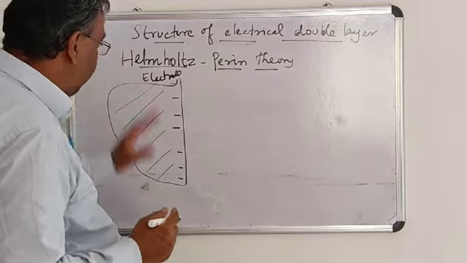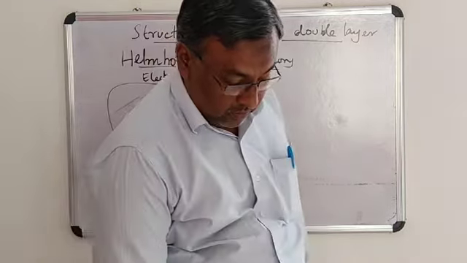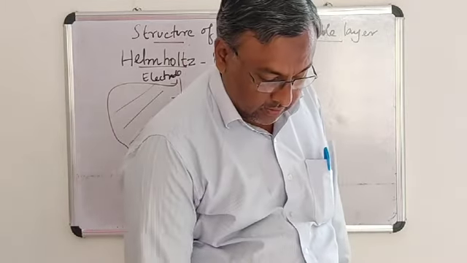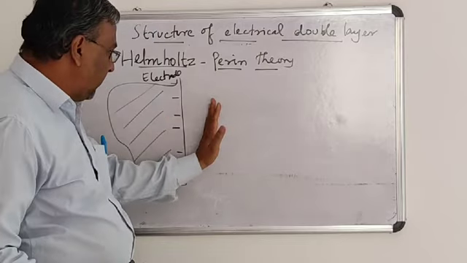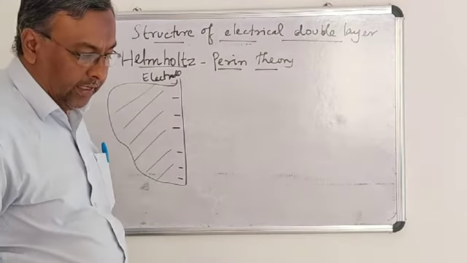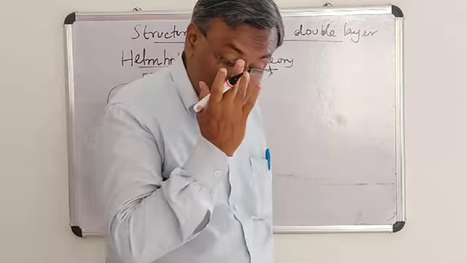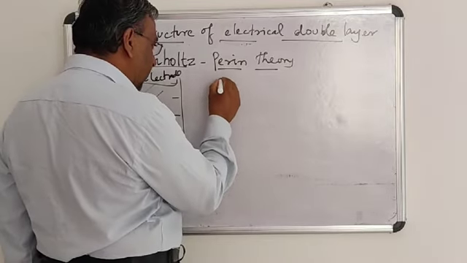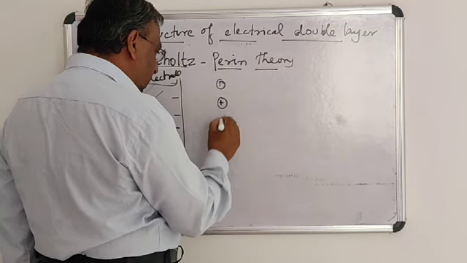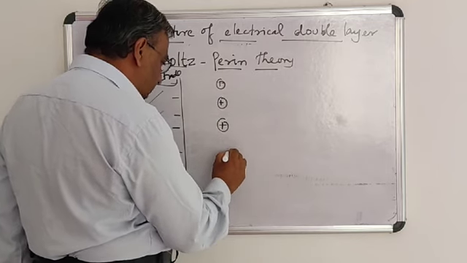This is the structure of the electrode. What happens? It is in contact with the electrolytic solution. That solution is attracted by oppositely charged ions.